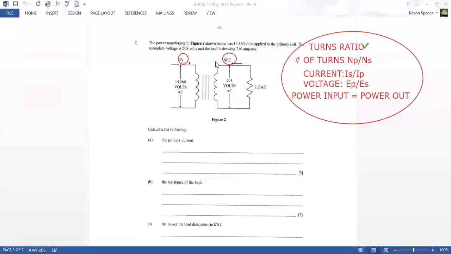The turns ratio is based on you having the value for any two of these: the number of turns on primary or secondary, or the amount of current on the secondary and the primary, or the amount of voltage on the primary or secondary.